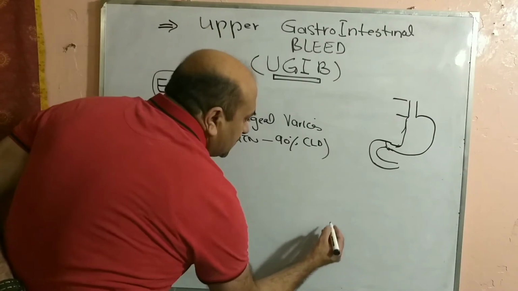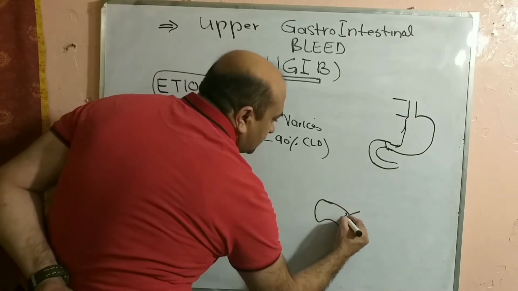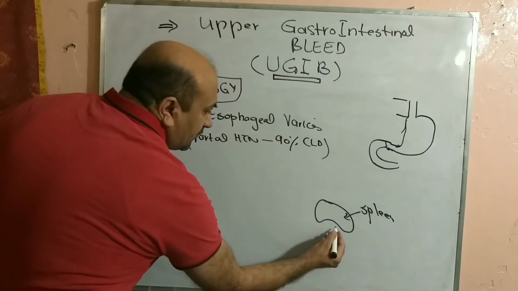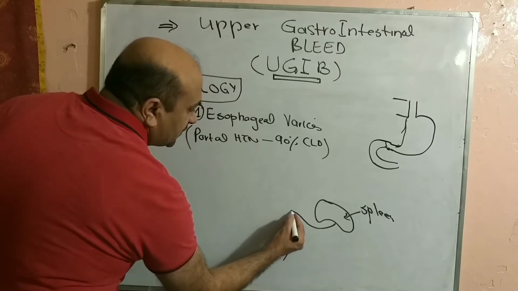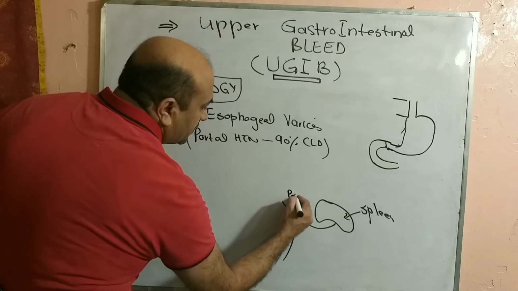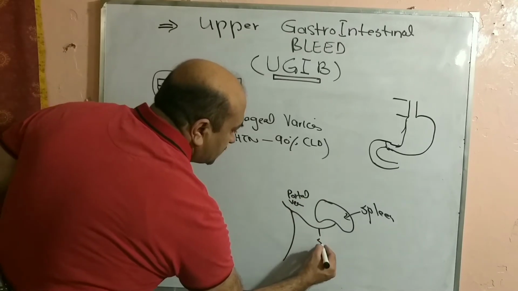Because if we see, say this is spleen, and from here comes the splenic vein, and from here comes the superior mesenteric vein. Both they join to make the portal vein.